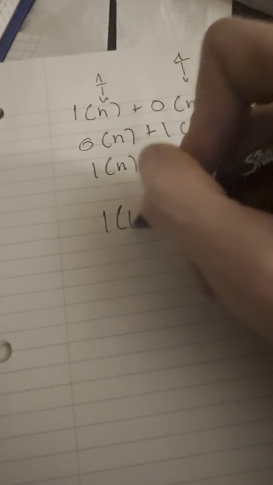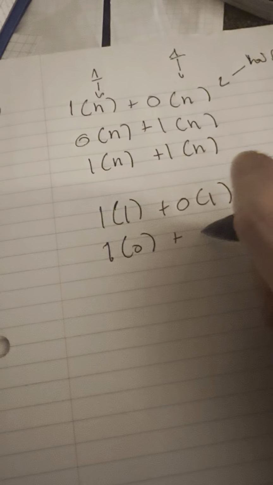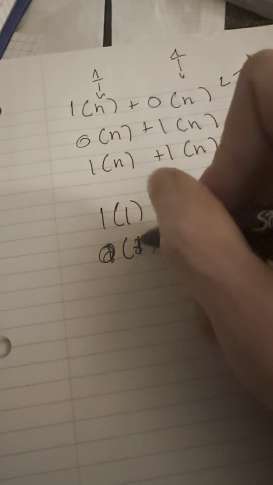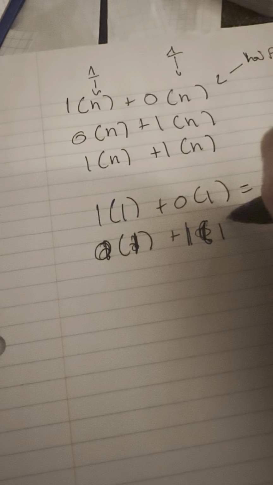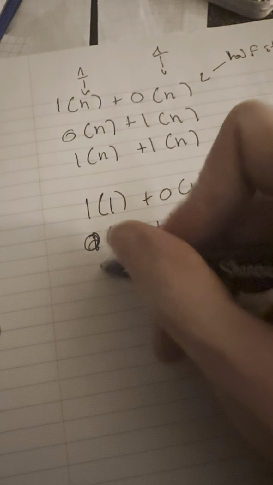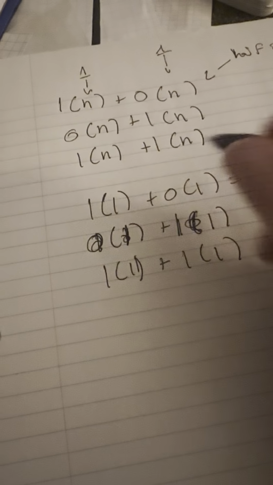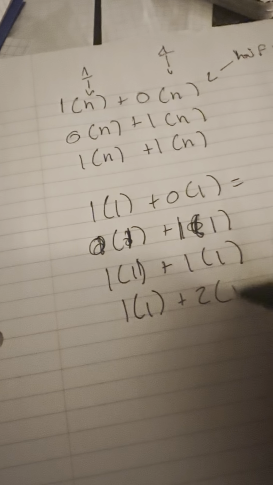So say 1, 1 plus 0, 1 equals, and then 1, 0 plus 0, 1 plus 1, 1, 1 plus 1, 1, and then you see these two ones are going to add, and this 1 and 0 are going to add, so 1, 1 plus 2, 1.